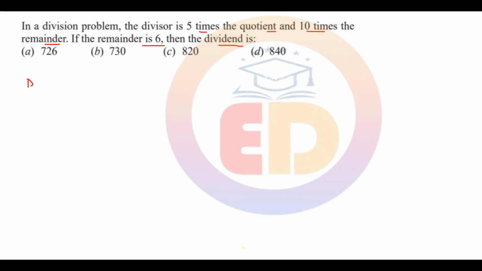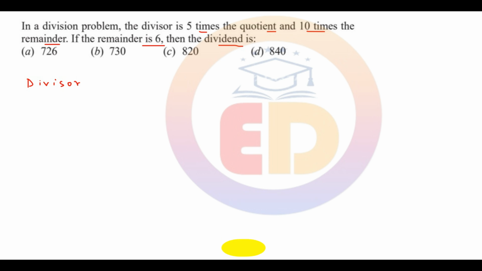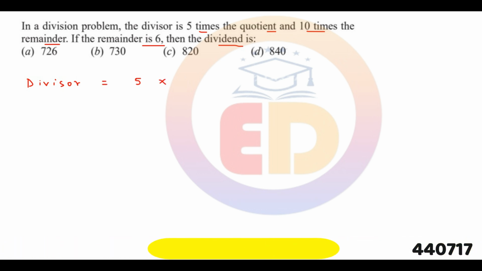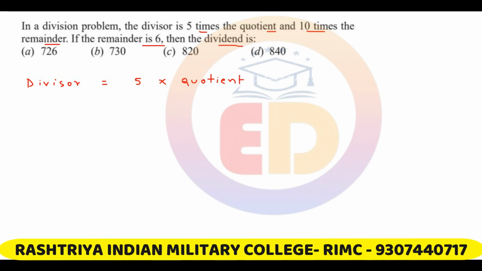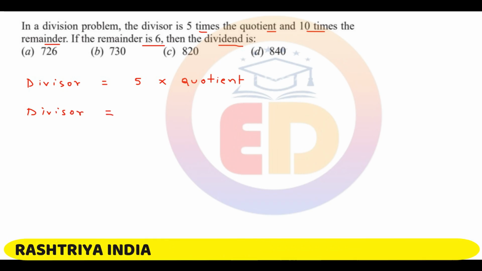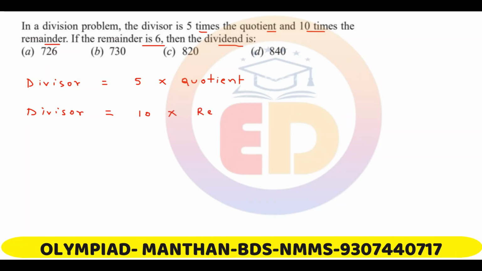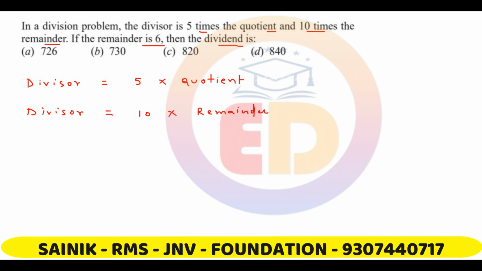To say the divisor is 5 times the quotient, 5 times means 5 multiplied by the quotient, and also the divisor is 10 times the remainder, means 10 multiplied by remainder. And they say that remainder is 6.